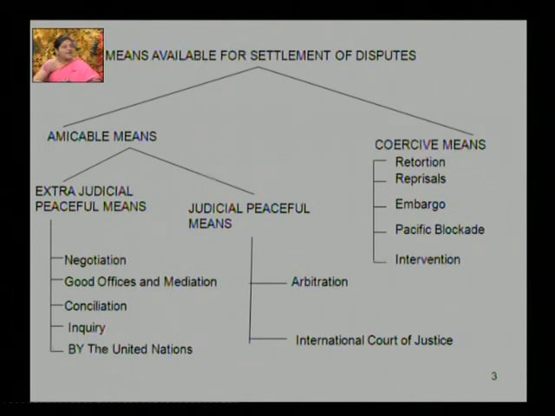As per the amicable means, there are two main methods available for settlement of dispute. The first is extrajudicial peaceful methods and the second is judicial peaceful methods. The whole chart discloses very easily the methods available for settlement of dispute.